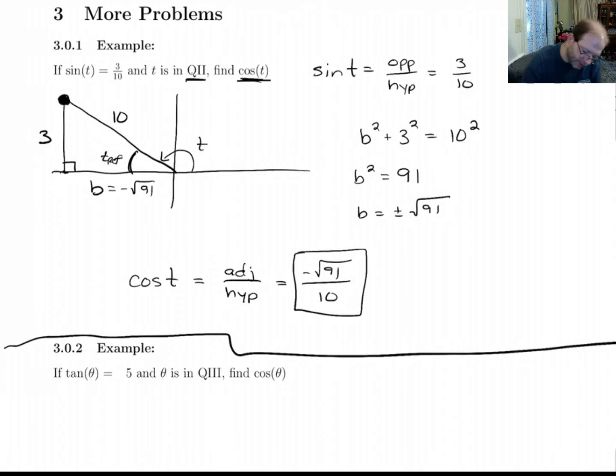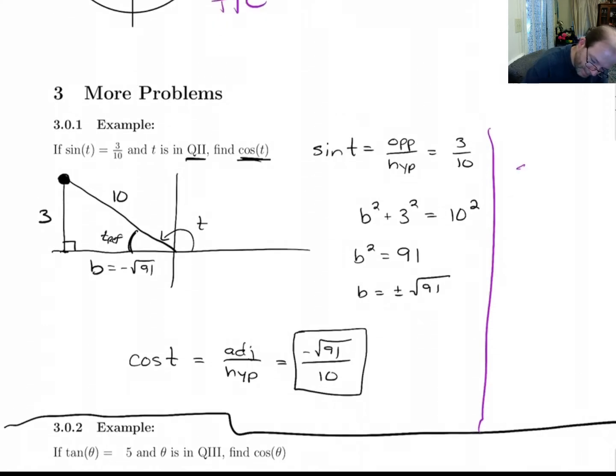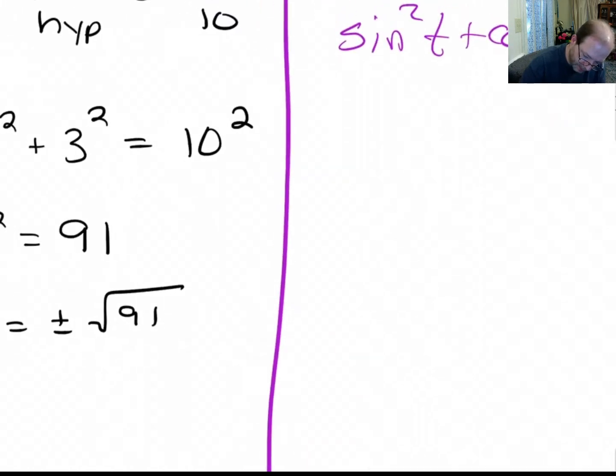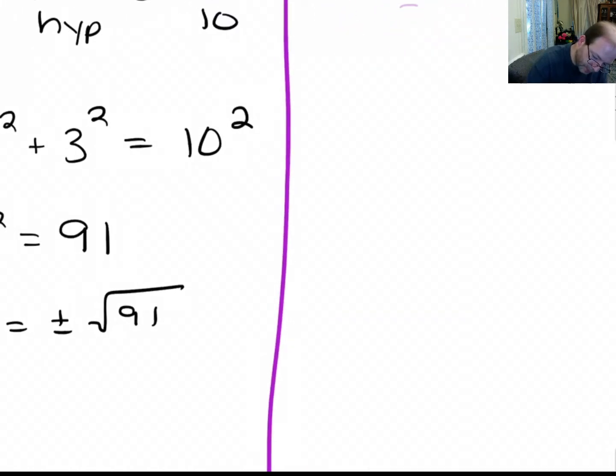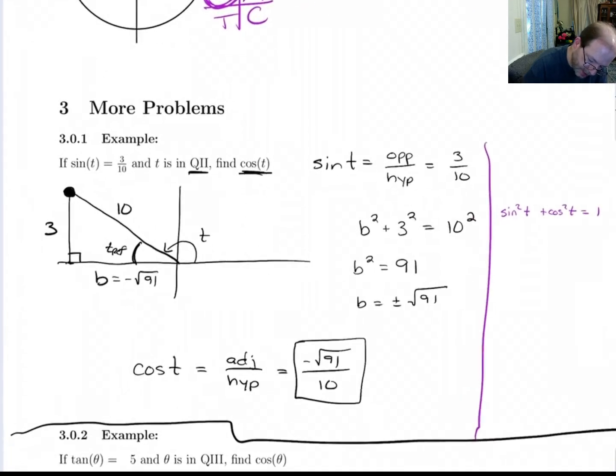The other thing you could do is say, well, sine squared plus cosine squared is 1. I'm going to do this over here in purple. Sine squared t plus cosine squared t equals 1. I said 10 a moment ago. I don't know why I said 10. Okay, what did they tell us? Sine t is 3 over 10.